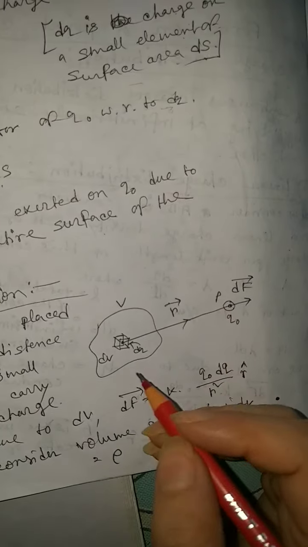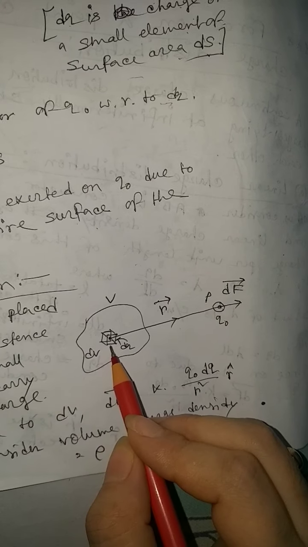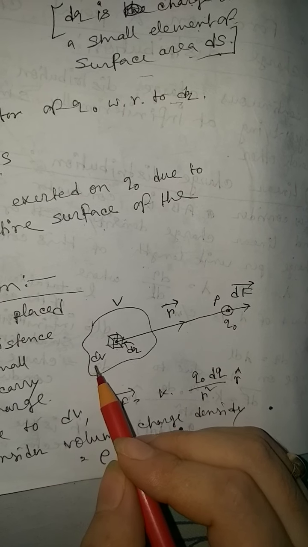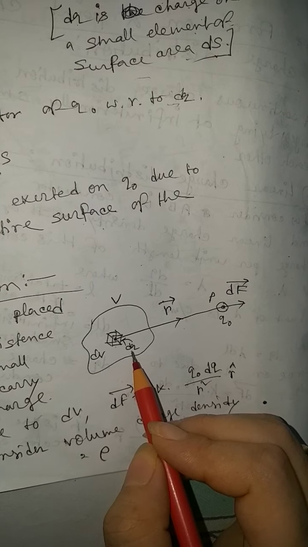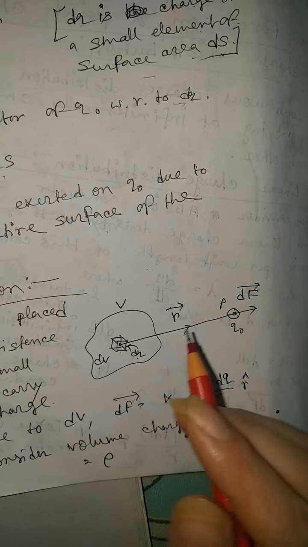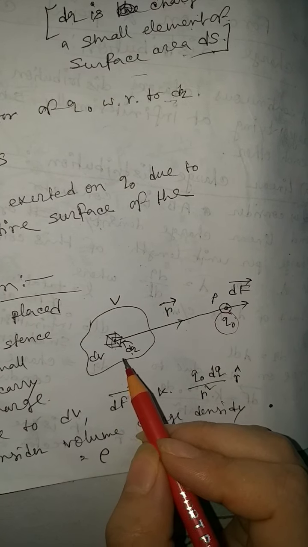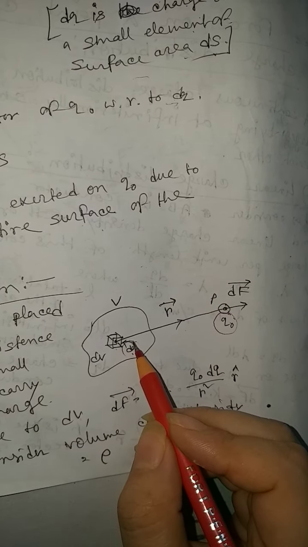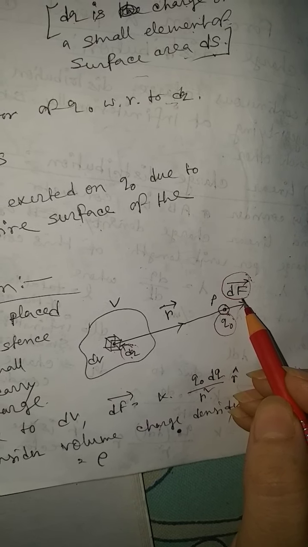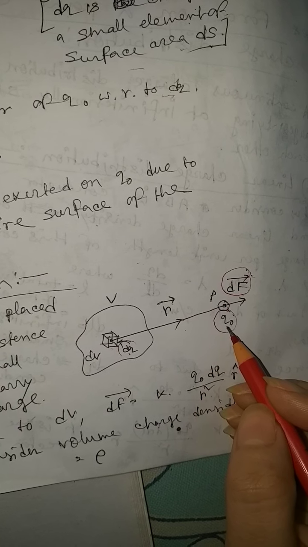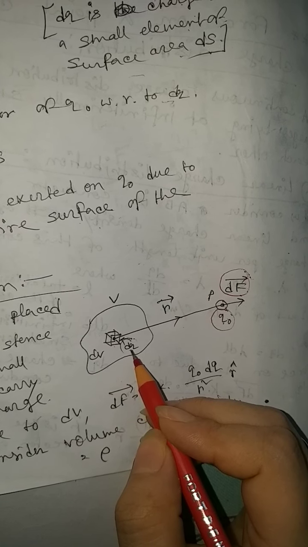Clear? So here you can see I am taking an infinitesimally small volume dv, and this dv contains dq amount of charge. So first I am going to find the force exerted on q naught charge due to dq amount of charge, and this is indicated by df vector.